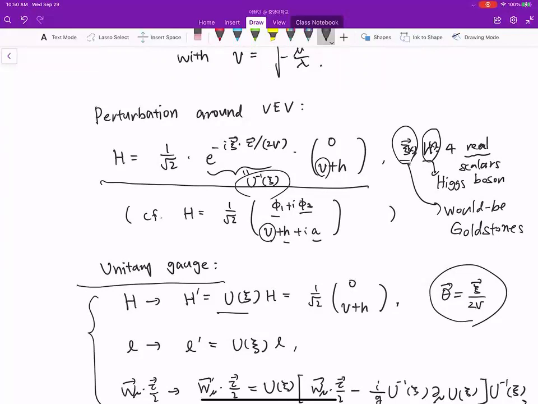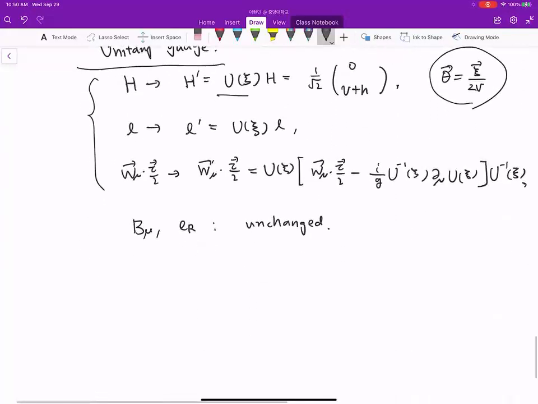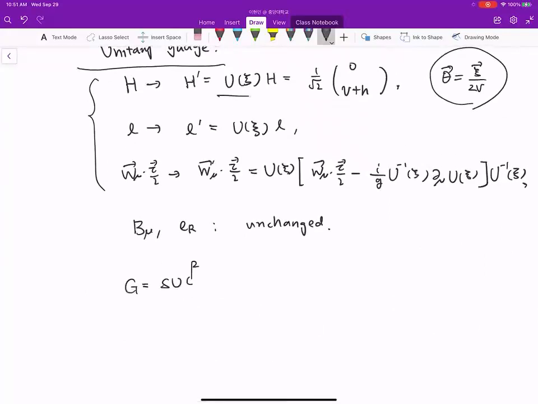So in the standard model, we know that the local symmetry, G equal to SU2 cross U1 hypercharge, is broken down to a smaller group, which is U1 electromagnetism.